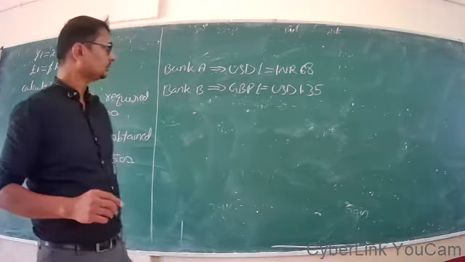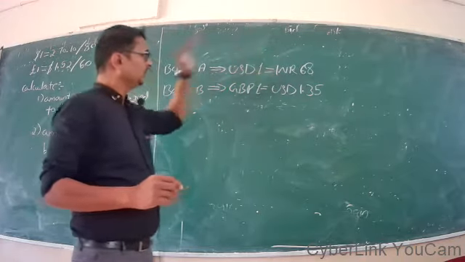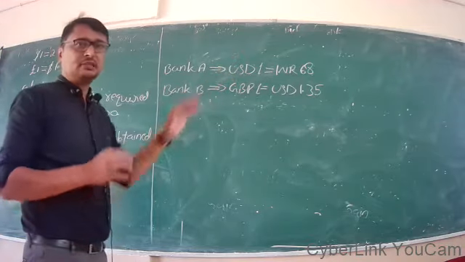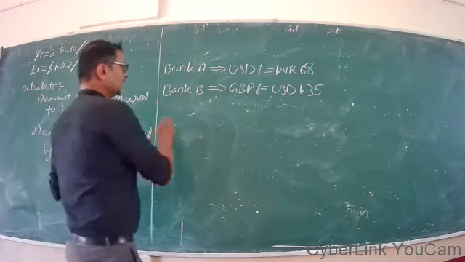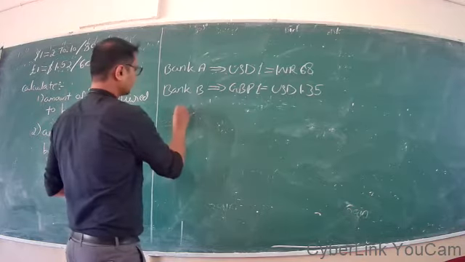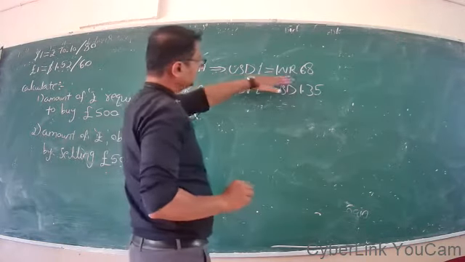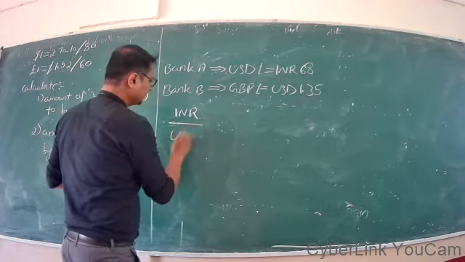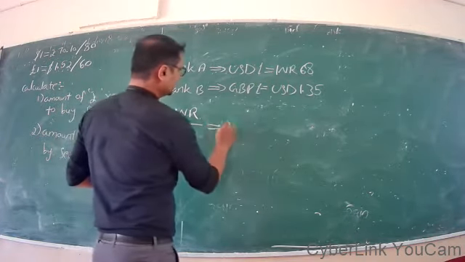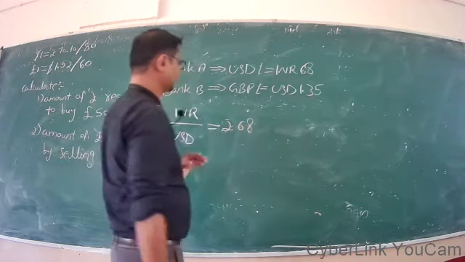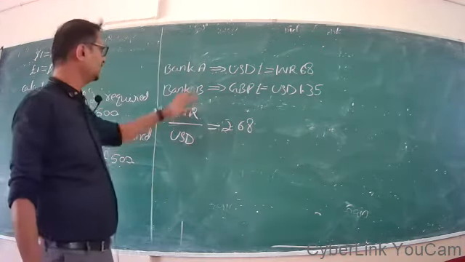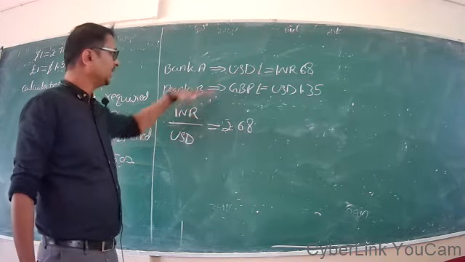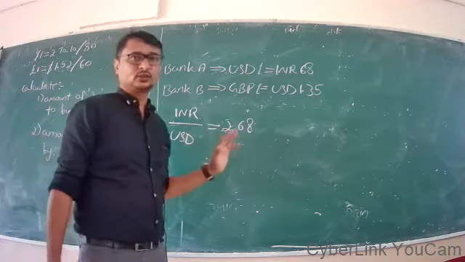Right? Now, in the given quotation, the first one, Bank A, this quotation can be redrafted like this. It can also be rewritten as INR per USD is rupees 68. Getting my point? Same quotation I am redrafting it. Numerator is INR, denominator is US dollar.